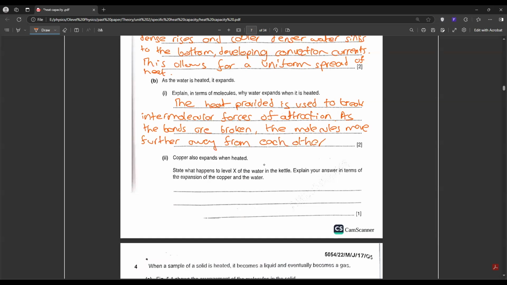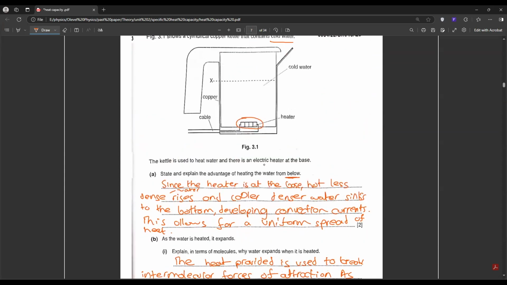Copper also expands when heated. State what happens to the level X of water in the kettle. Explain your answer in terms of the expansion of copper and water. When you heat this, obviously the level will go up. Why? Because liquid expands more than the copper.